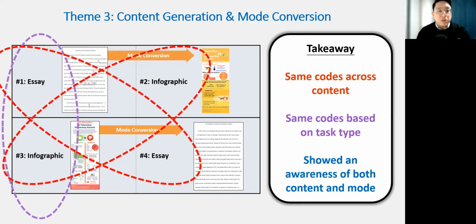I think it shows a deeper level of thinking: even though you're asking me to write a text-based essay for one, and to make an infographic for another, we understand that these are also similar tasks because we're creating content from scratch.